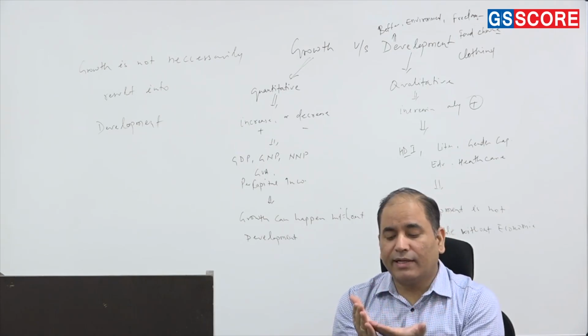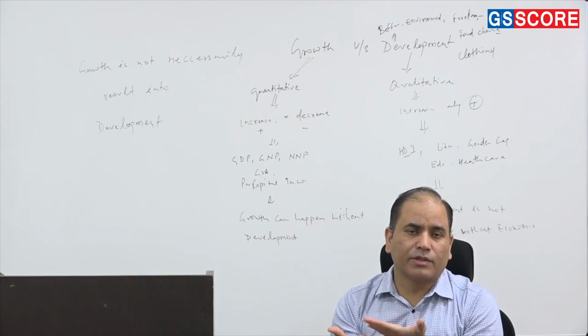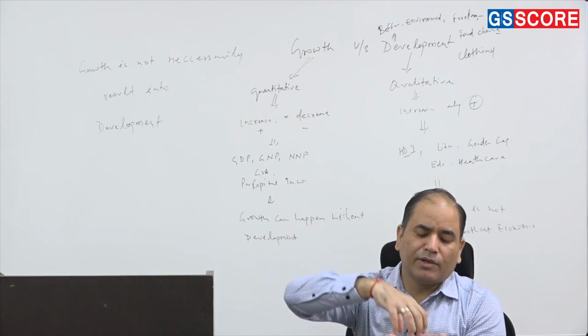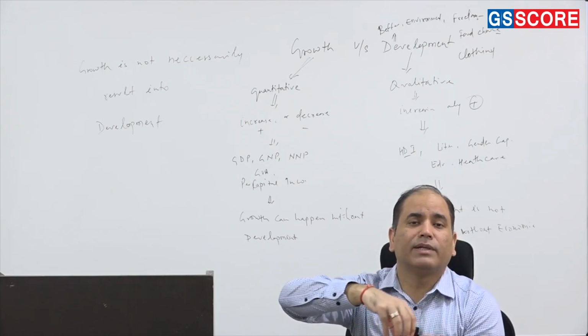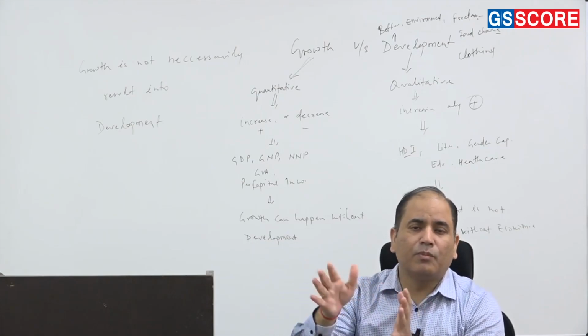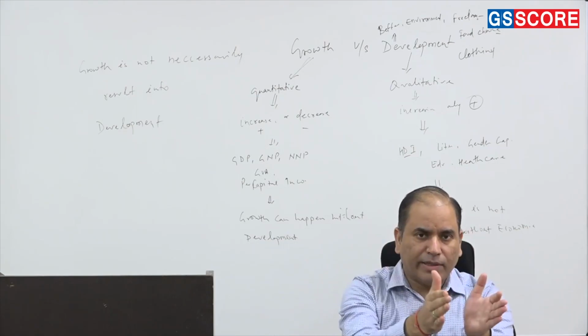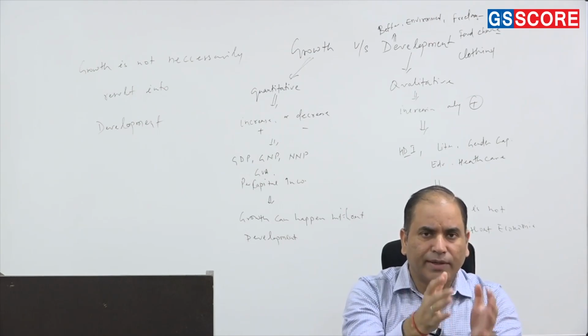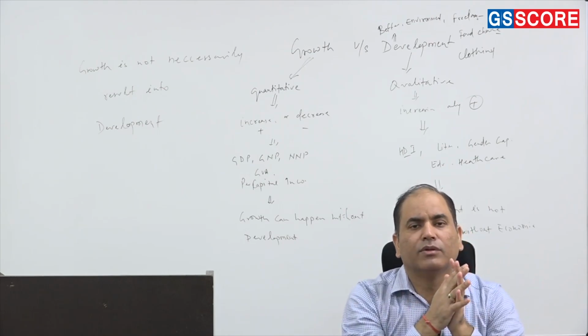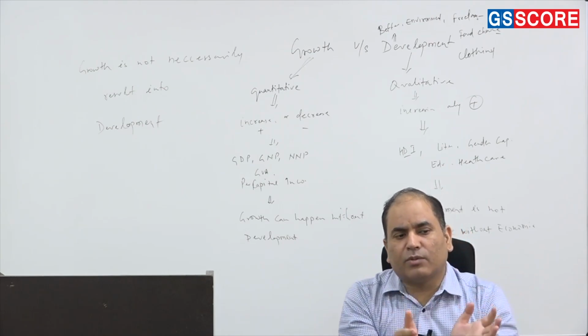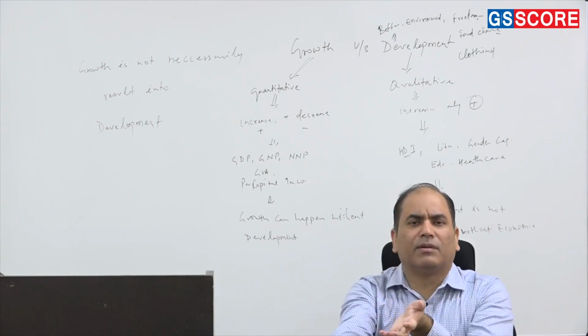In the earlier time period, the thought process was that economic growth and economic development would move parallelly. So, if you want economic development, the only way out is economic growth. And the thought process was that economic growth is simply development.